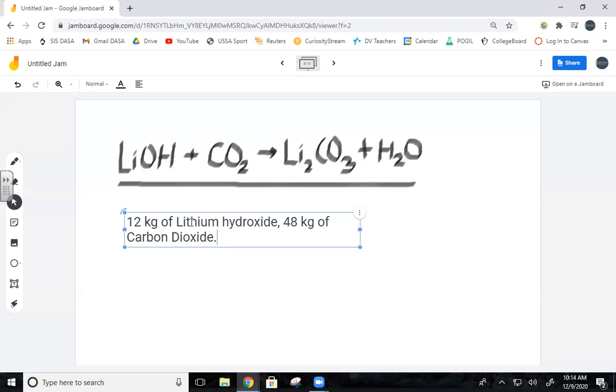Okay. What is the limiting reactant? I can't spell reactant. There we go.